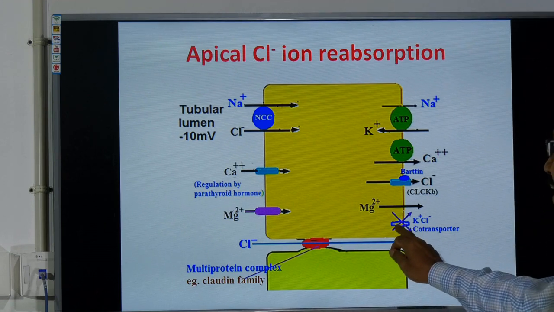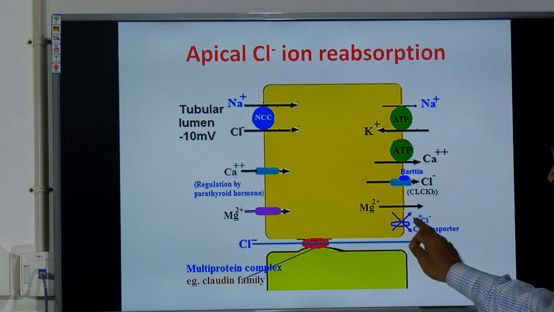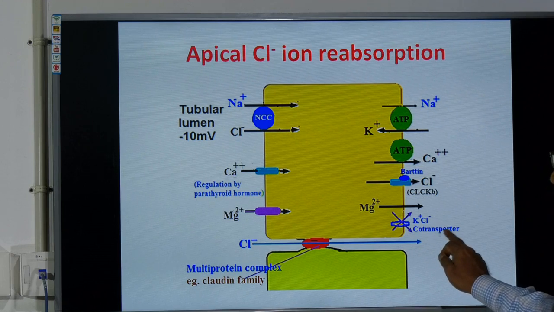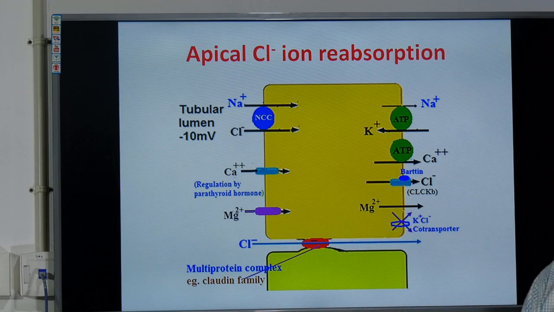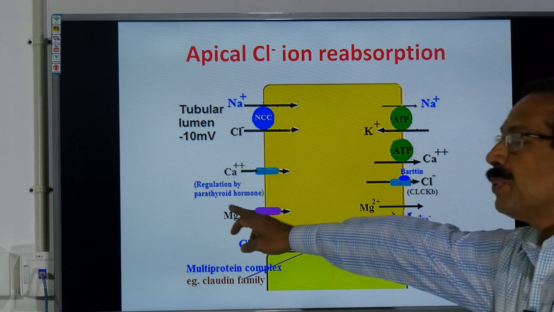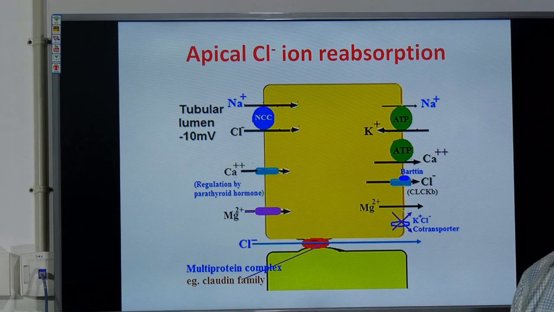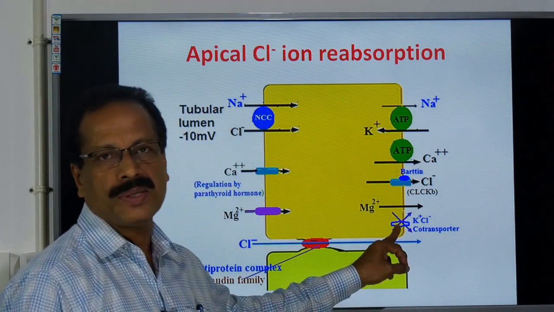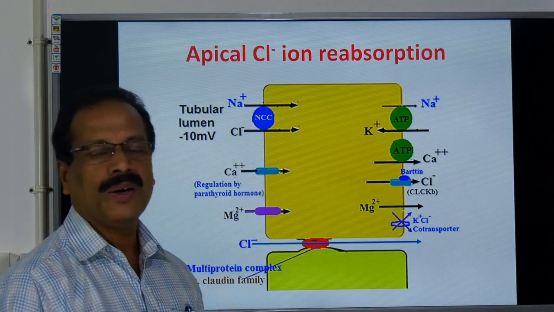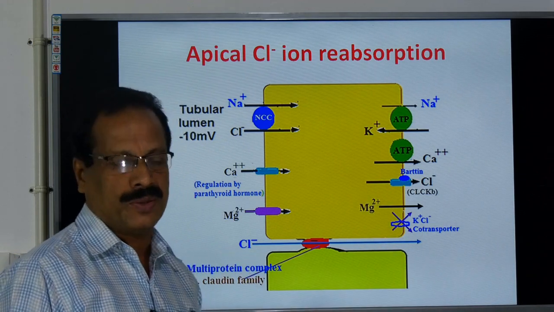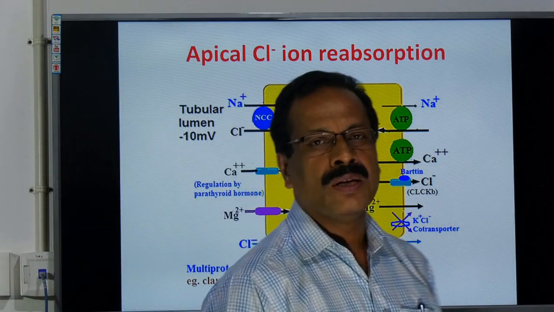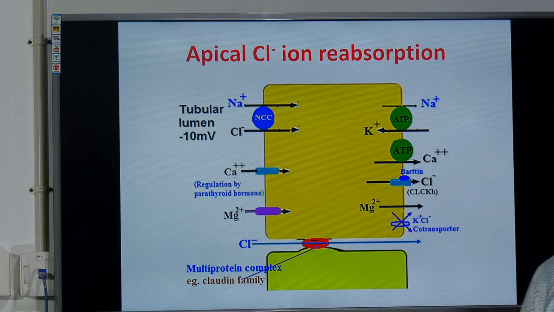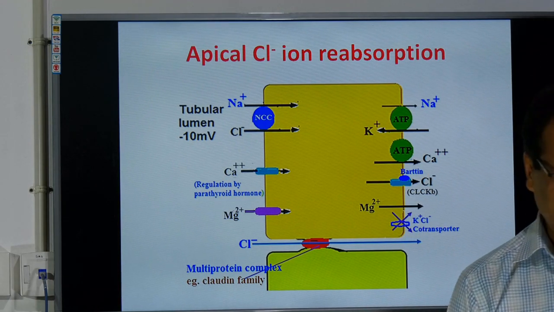And the movement of potassium and chloride through the K plus Cl minus channel, that is the KCC4 channel, depends upon the hypertonicity of the tubular fluid. So when the tubular fluid is hypertonic, this KCC4 channel opens and the chloride as well as potassium ions move into the interstitial space. So the hypertonicity of the fluid decides the opening or closing of the K plus Cl minus, or KCC4, channel.